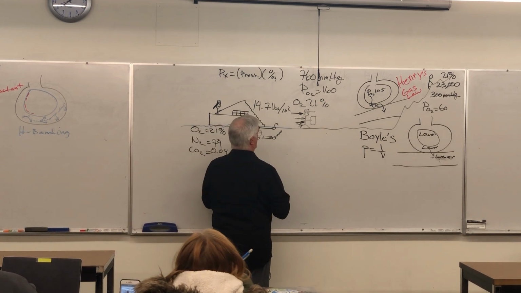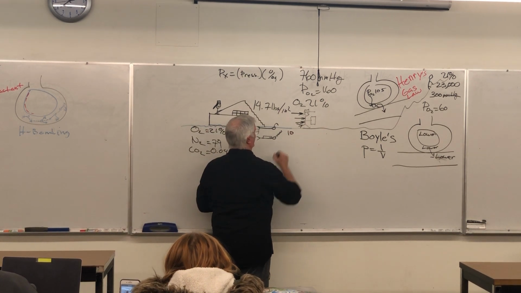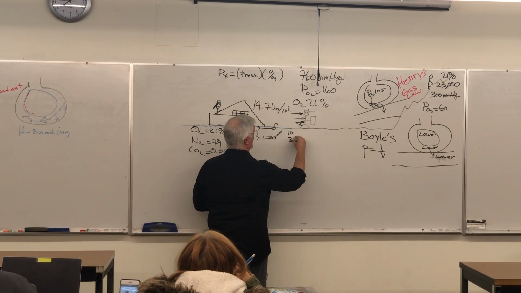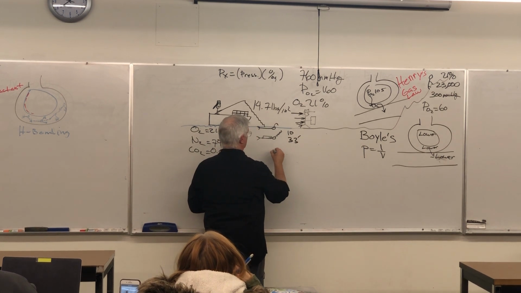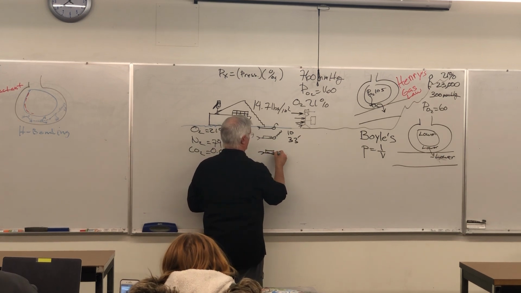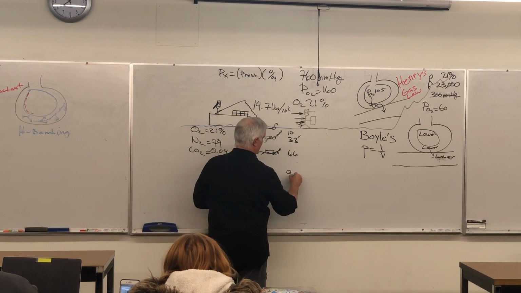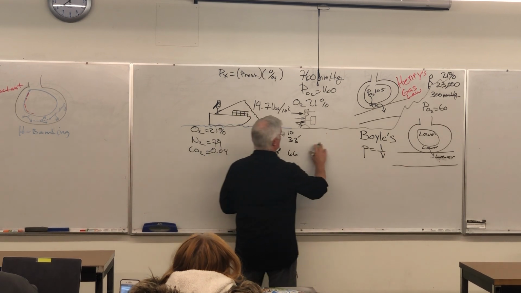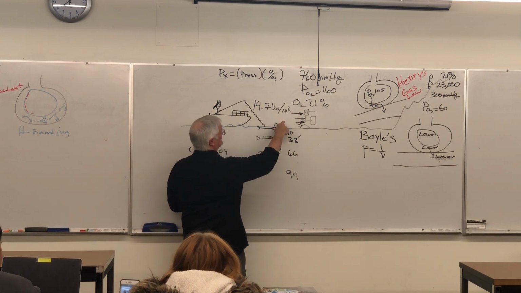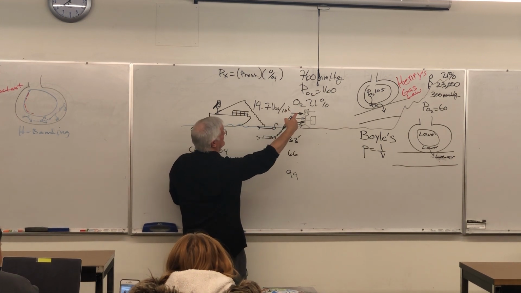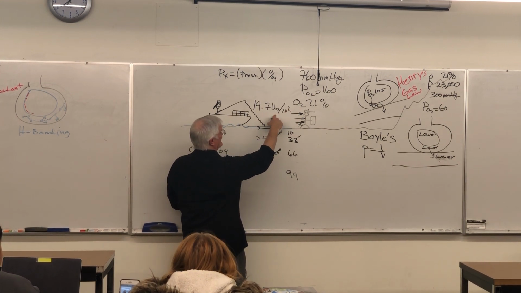Starting at about the 10-foot mark, you now have to be concerned. For every 33 feet that we go down, you're going to get an increase of 1 atmosphere of pressure. So at sea level, 0 feet, I have 14.7 pounds pushing against me.